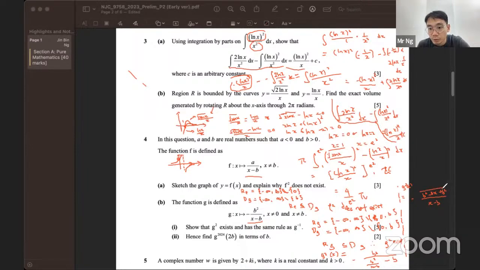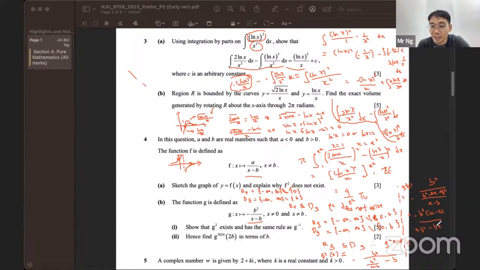Over b square equals to minus b square bracket x minus b over 2b square minus bx.